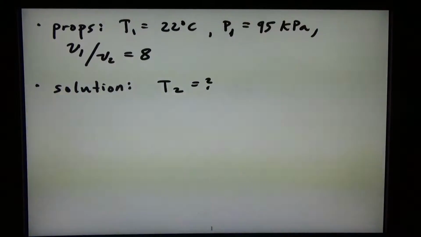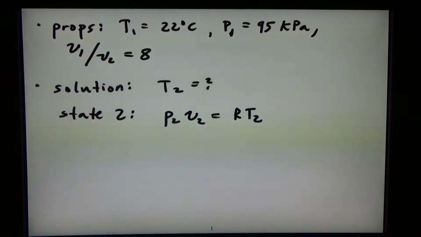Alright, so let's pretend for a second that we don't recognize that this process is isentropic. How would we normally try to solve this problem? Well, if we're looking for temperature at a final state of 2, and we have air, we might try the ideal gas law. So we could write the ideal gas law.